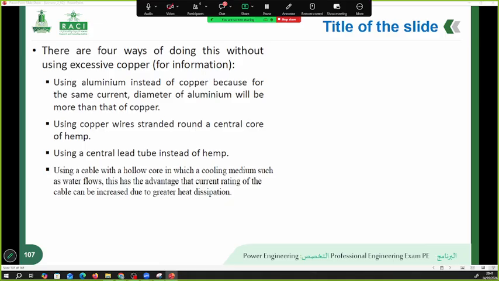This advanced method uses a hollow core through which a cooling medium such as water or oil can flow. This increases the effective diameter of the conductor while also providing significant advantages in terms of heat dissipation. The improved cooling allows for a higher current rating for the cable, making it more efficient.